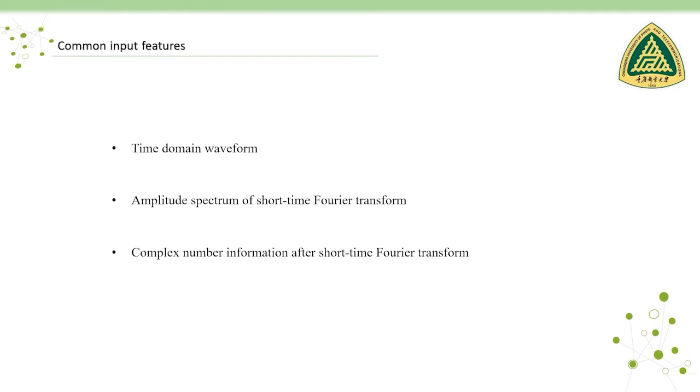The common input features of the neural network model are as follows. The first one is the time domain waveform, the second one is the amplitude spectrum of the short-time Fourier transform, and the last one is the complex number information after the short-time Fourier transform.